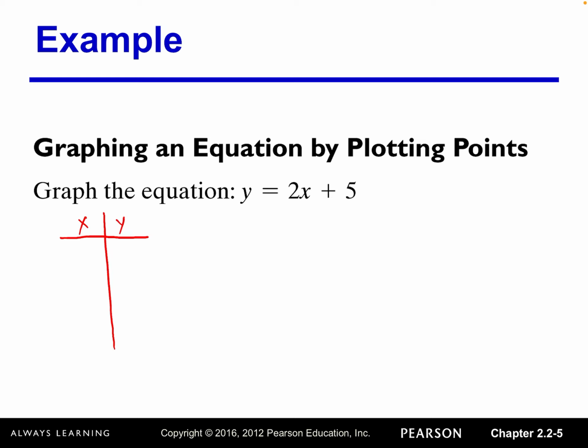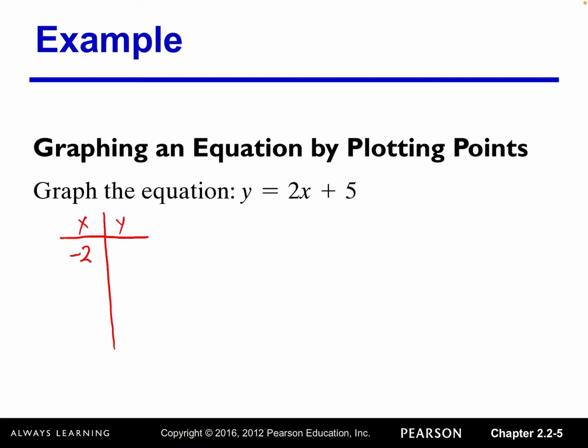But since this is for illustration, I will get a few more points. You can choose any value for the independent variable x. Since any value is fine, I will choose small integers, so it's easy for me to do the calculation, right?